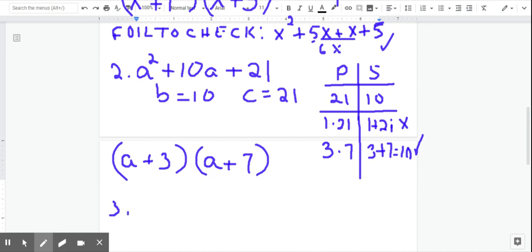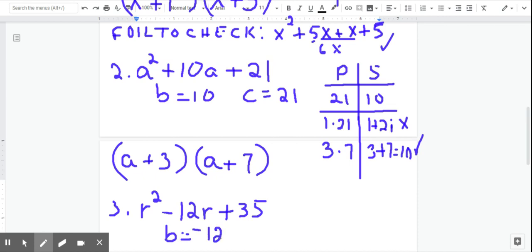Example 3. Say we have r squared minus 12r plus 35. So again, we know that our b is negative 12.